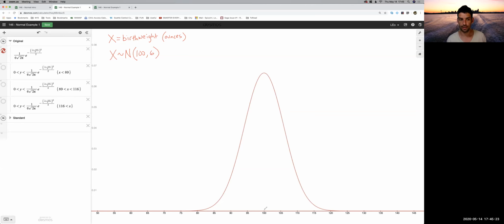Notice that this graph has its peak here. 100 is down here, and we see the peak right above it. The standard deviation decided how pointed this was. I want to ask some probability questions about this distribution. I'm going to ask 3 of them. I want to ask, what is the probability that a baby is born and its birth weight is above 116 ounces?